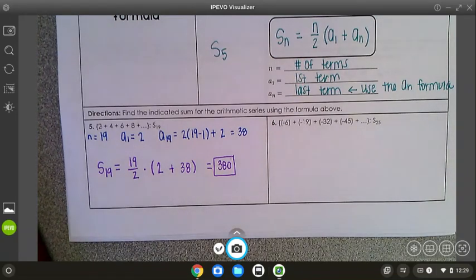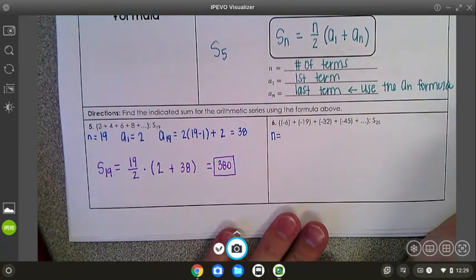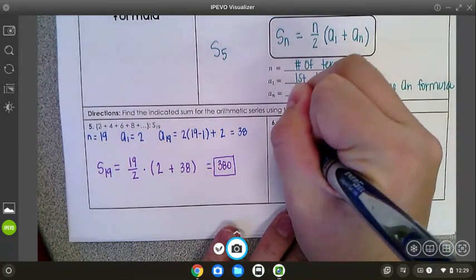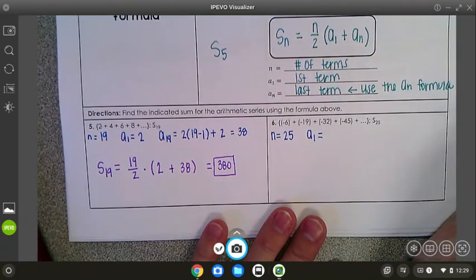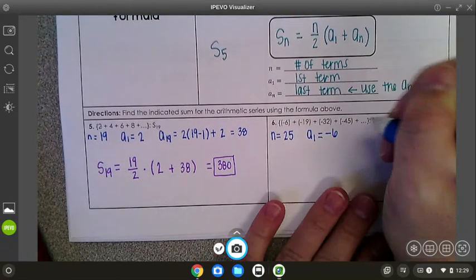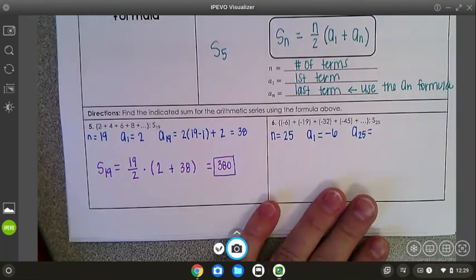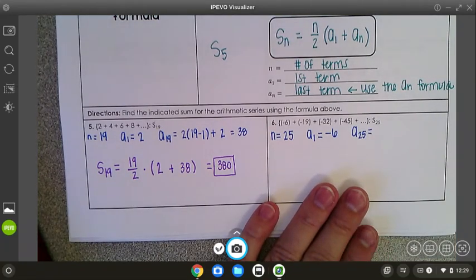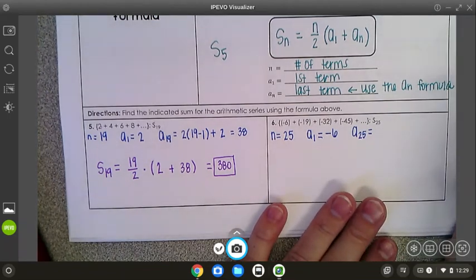Let's look at number 6. What is N? 25. What is my A1? -6. And then I also have to find A25. So the 25th term. So think of our formula.